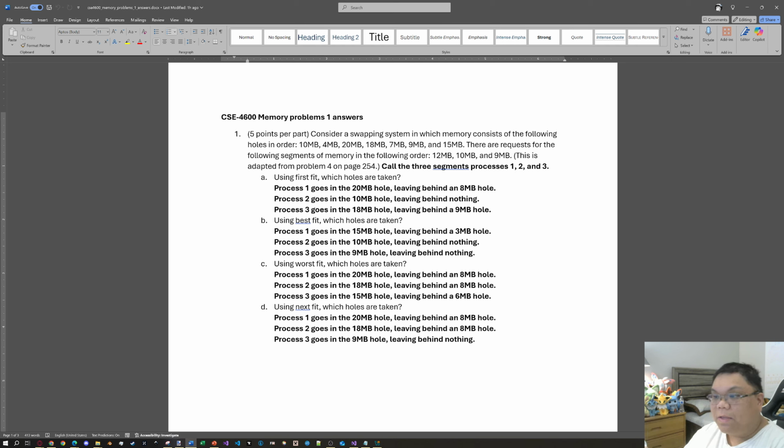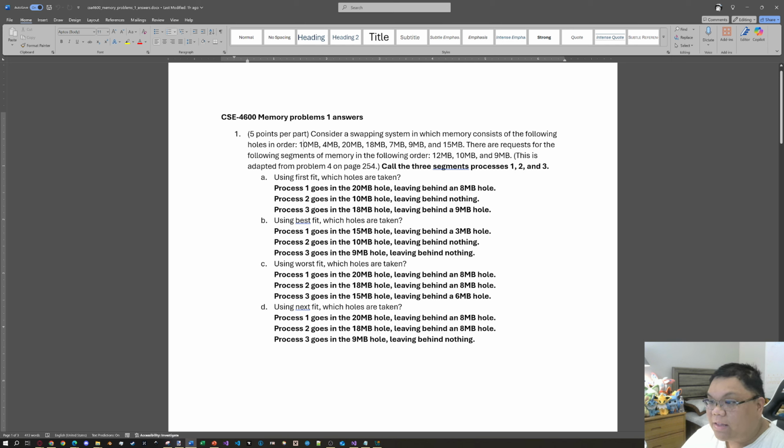So, under first fit, you find the first hole that is large enough to hold a process. By that logic, process 1 goes in the 20 megabyte hole, process 2 goes in the 10 megabyte hole, and process 3 goes in the 18 megabyte hole because the 20 megabyte hole was already taken.